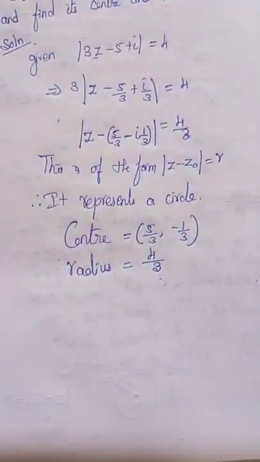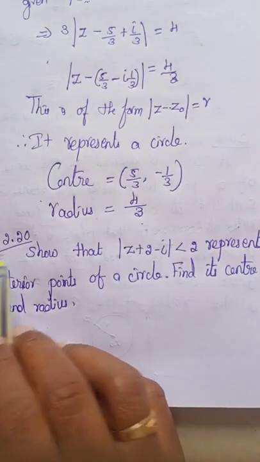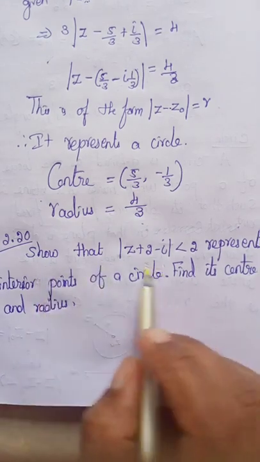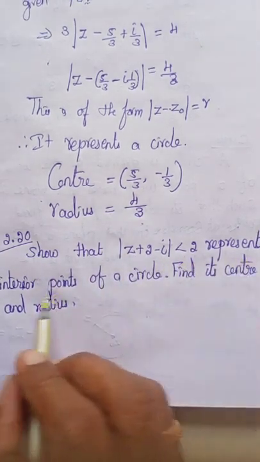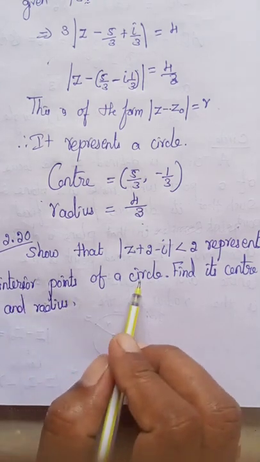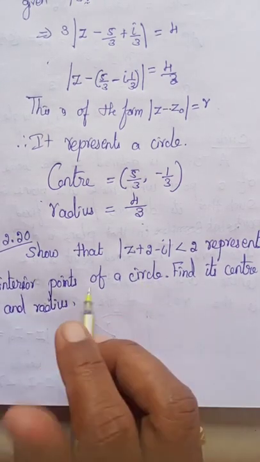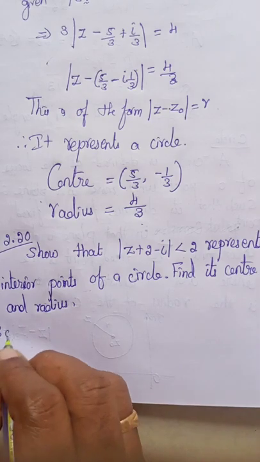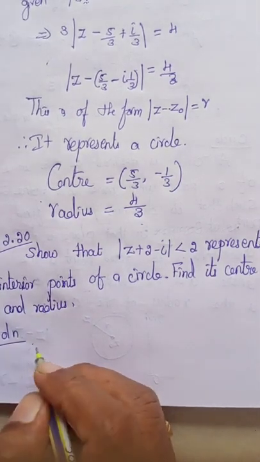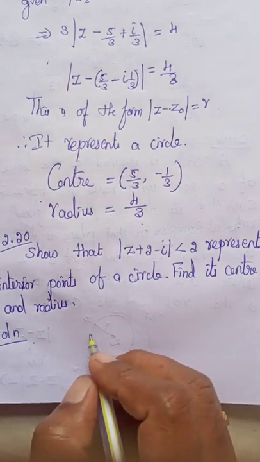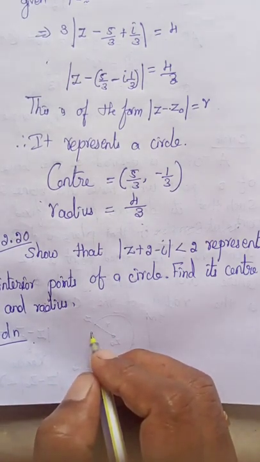Okay. The next example 2.20, show that modulus z plus 2 minus i less than 2 represents interior point of a circle. Find its center and radius. So first we can check whether it is a circle or not, and we should find out what the radius is.